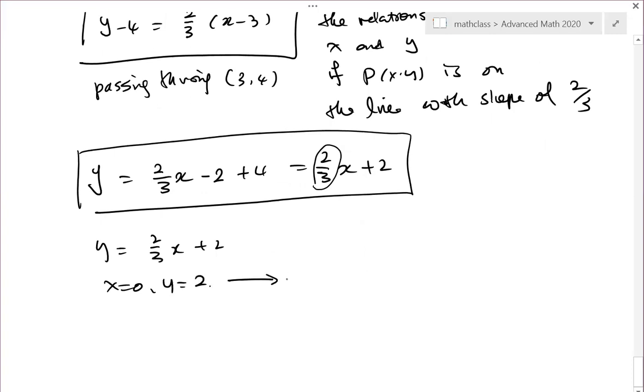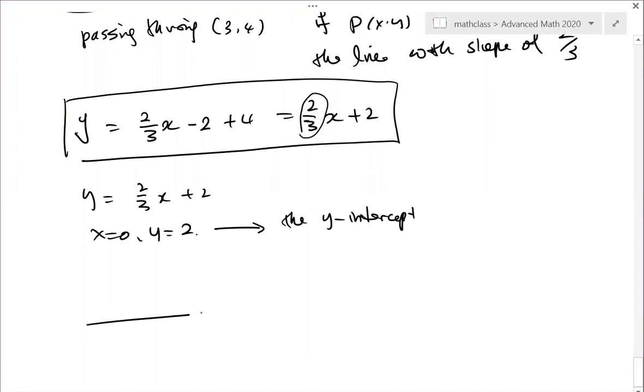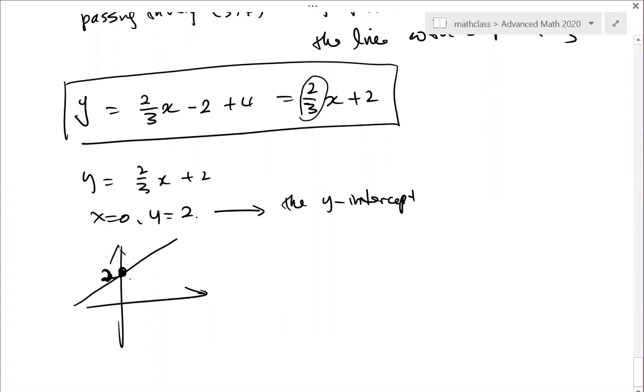So this gives you the so-called y-intercept. 2 is the y-intercept. It gives you more information: not only the line passing through the point with coordinates 0 and 2, that point is on the y-axis.